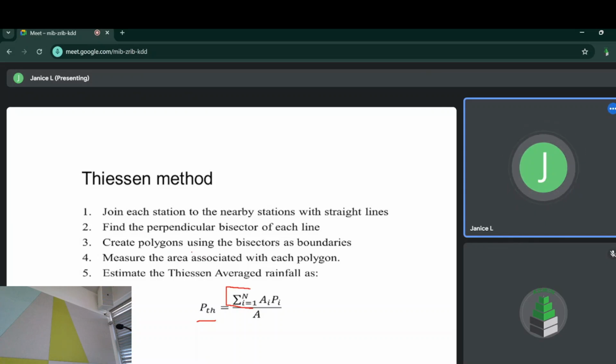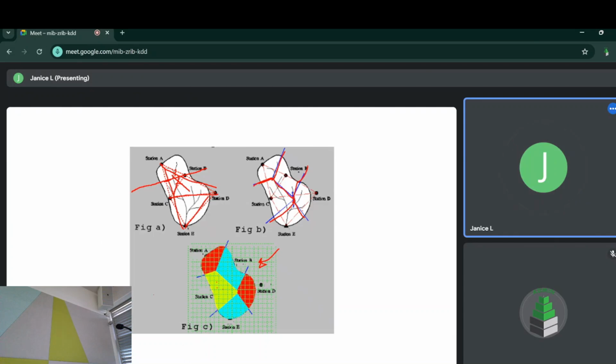A_i, area, P_i. Do you see now how each station is kind of in the middle of the polygons? That's the whole idea, each station is kind of in the middle. If this catchment was a lot bigger and extends, and you have other stations, all of these stations will be the centroids of their own polygonal region.